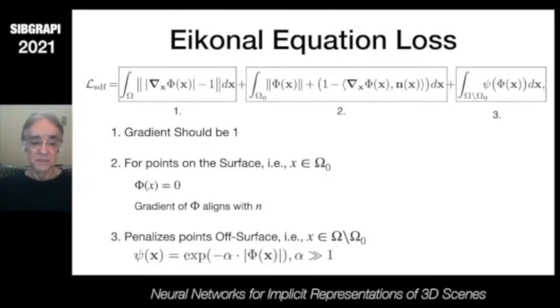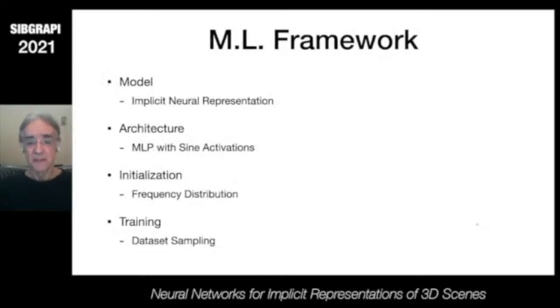And so this term forces the values of points that are not on the surface to have a high value. And because the gradient should be 1, these points are going to approximate the true distance function. And so this is the way the implicit function reconstruction using a signed distance is formulated using the Siren.